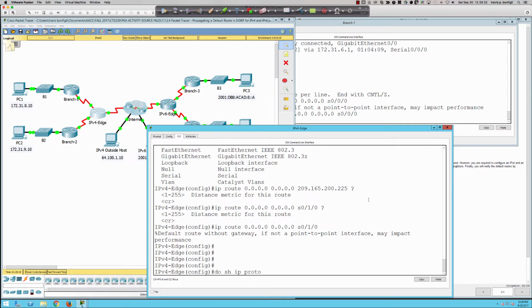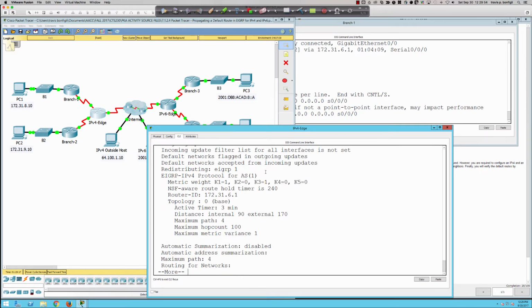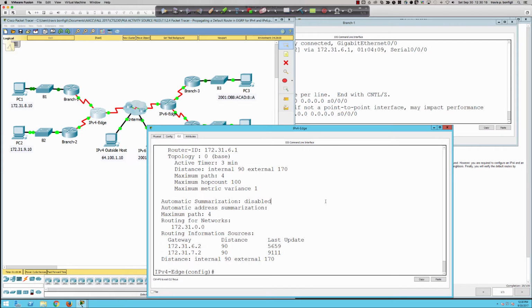Exactly, I could say do show ip protocols. And as it so turns out, it's autonomous system 1, right? Here again are the metric K values, which have to match between all of the routers in the EIGRP autonomous system, or else the router that has the mismatching values is not going to form a neighbor adjacency. All right, so it's autonomous system 1.